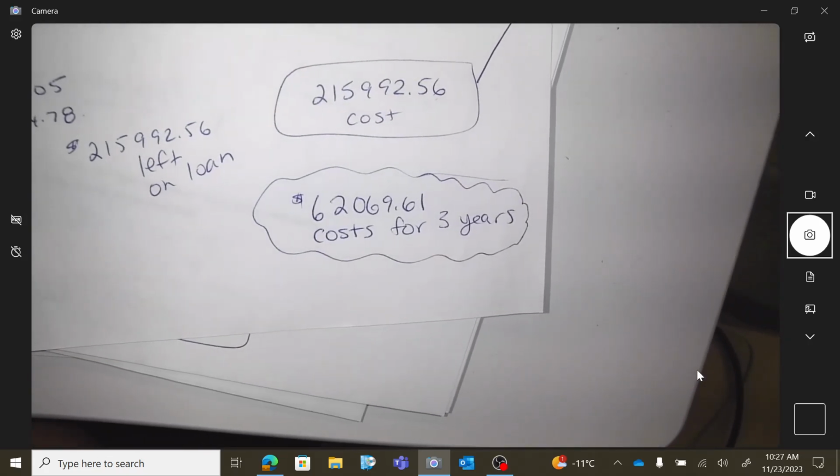That's how much it cost me to live there for 3 years. Good? Match? Anybody match?